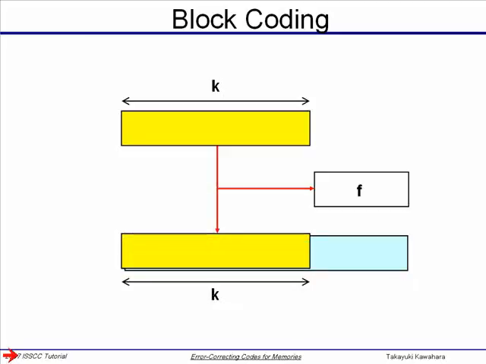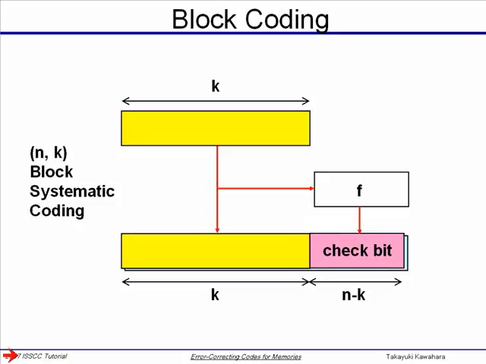We use the original word with the information as it is, and then add the extra bits that are created from the original k bits. Those are the check bits. So the total word length is n, as I said, and therefore the number of check bits is n minus k. That is the (n,k) block systematic code. I use this simple one in this lecture.